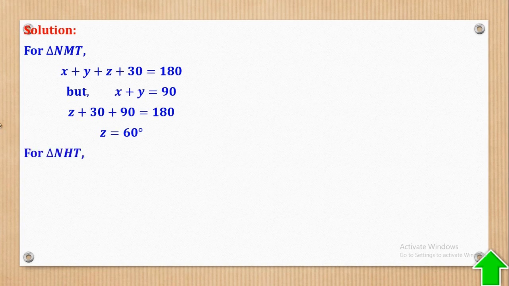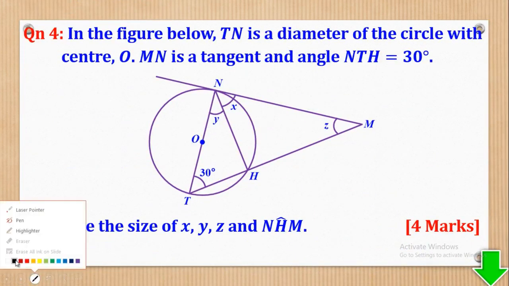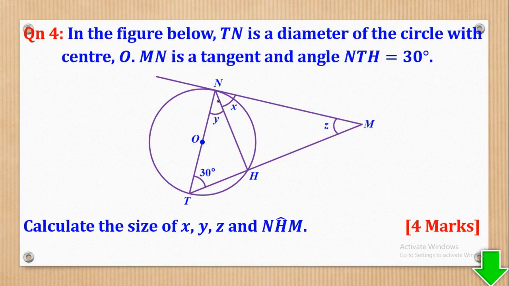So now we shall go to triangle NTH. So NTH, we have y plus 30 plus 90 is equal to 180. So let's see where that comes from. Remember that this is a diameter. Therefore, any angle subtended by the diameter at the circumference is equal to 90 degrees.